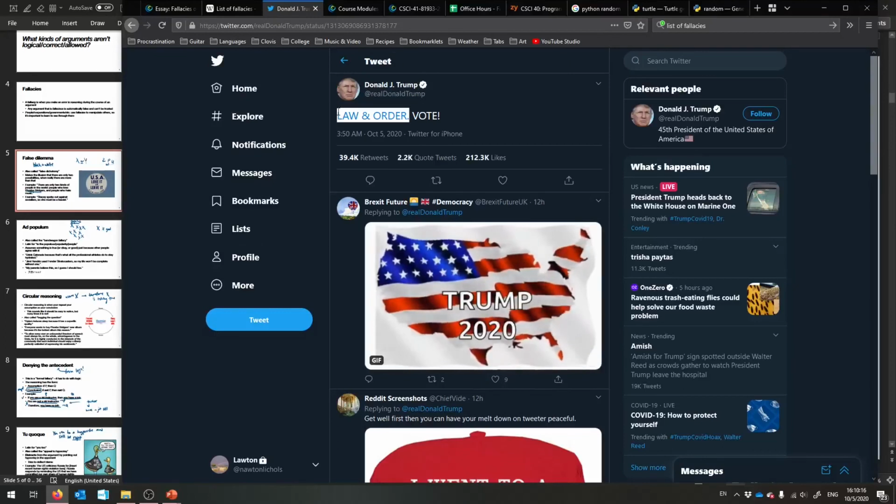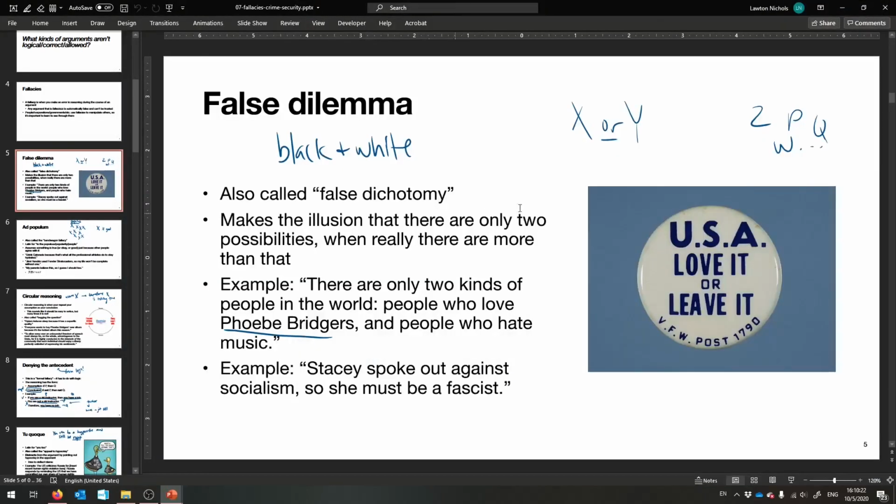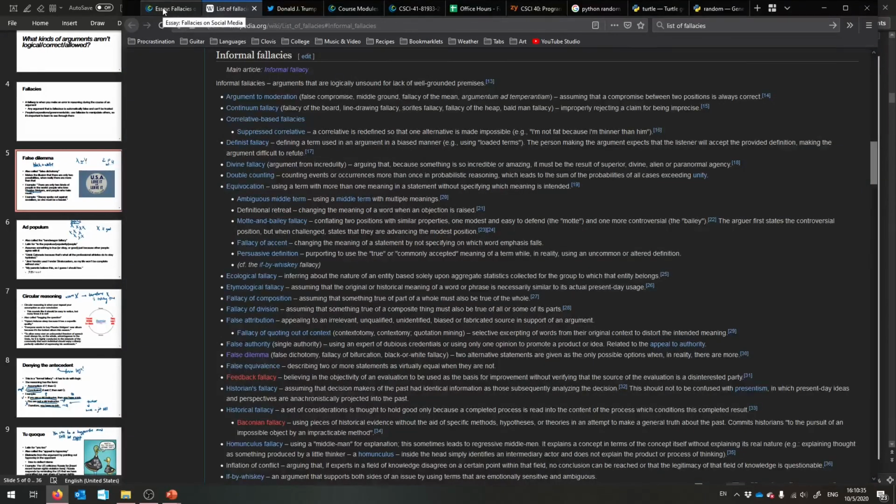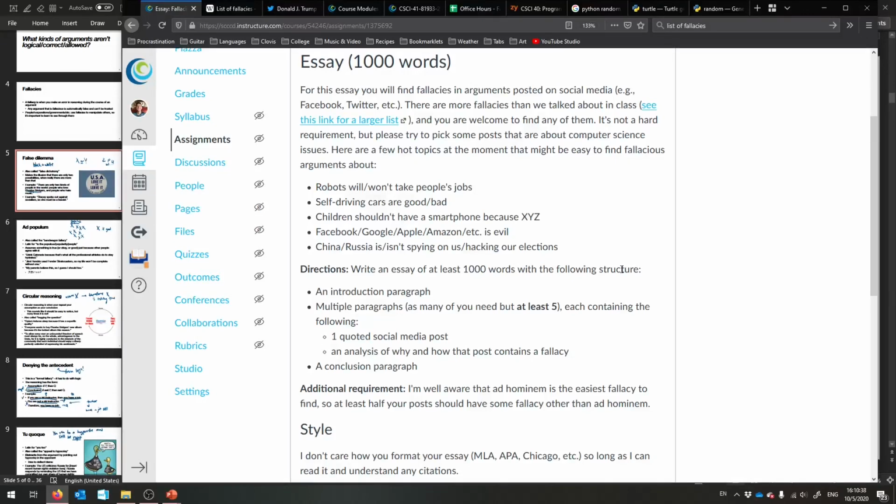There was always law and order, I guess, at least until you go back to maybe the Civil War era. But hopefully that makes sense as to why this is a false dilemma, and that's essentially what you'll say. So you'll quote this, analyze it, talk about what's wrong for your particular fallacy, and write me an essay about all that stuff.